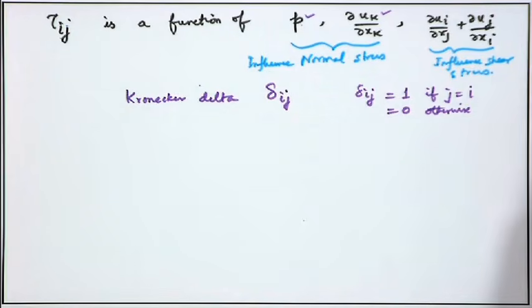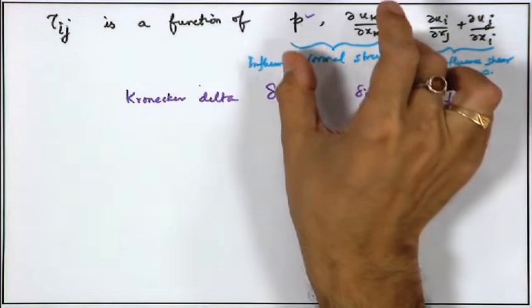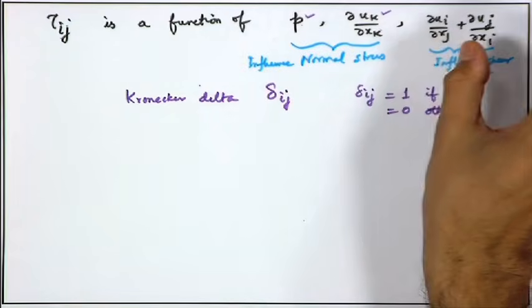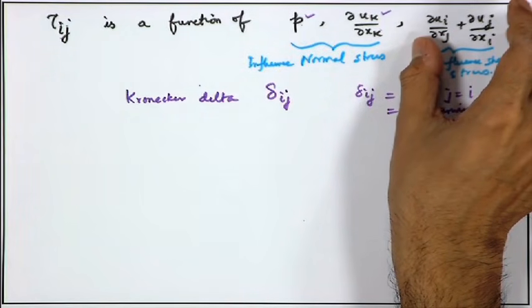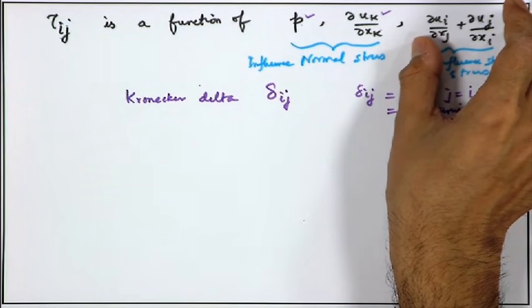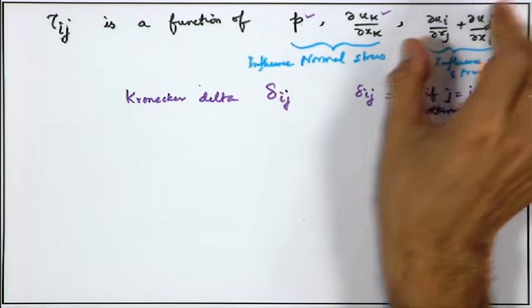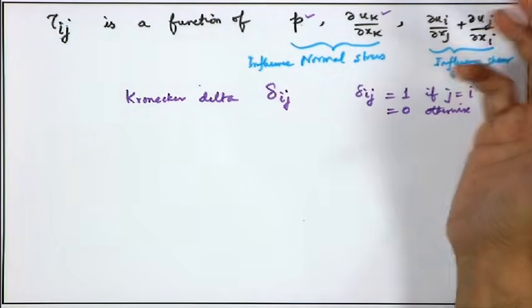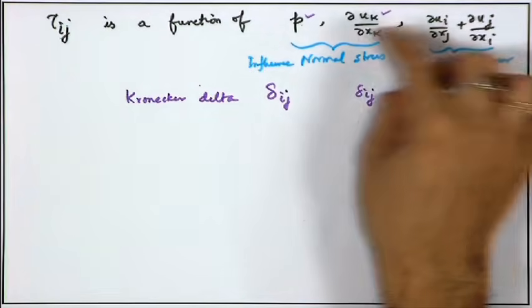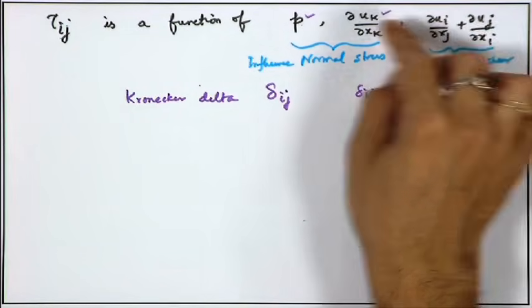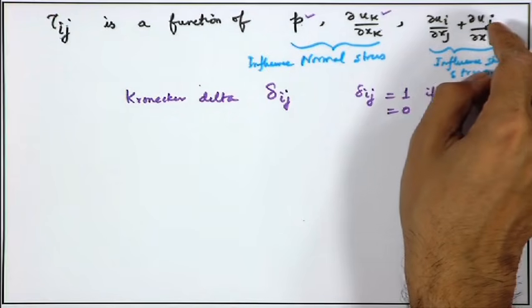Therefore, tau ij will be a function of these multiplied by delta ij plus a function of these. Now, the question is what kind of function? The function can be any arbitrary function, but if the dependence on the deformation is linear, it is called a Newtonian fluid.